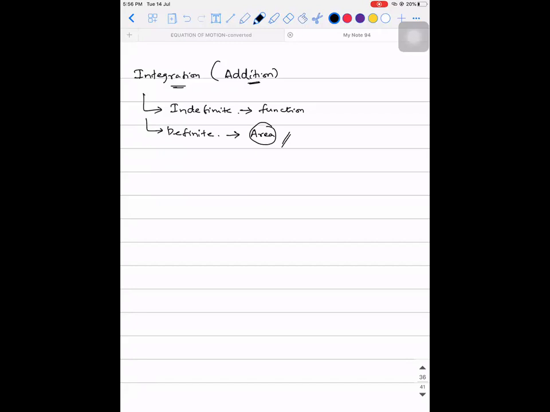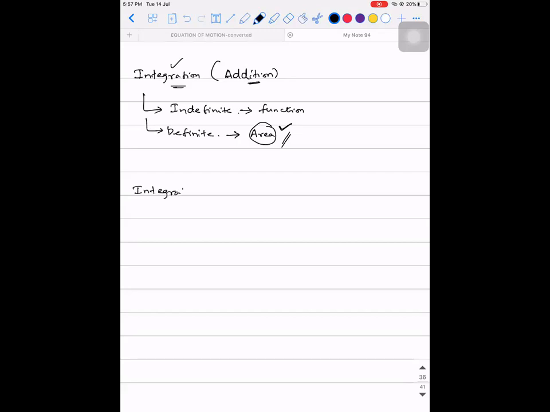If somebody asks you what the main application of integration is, you should say integration is mainly used to find the area of a curve, the area bound by a curve with respect to something. That is the application of integration.